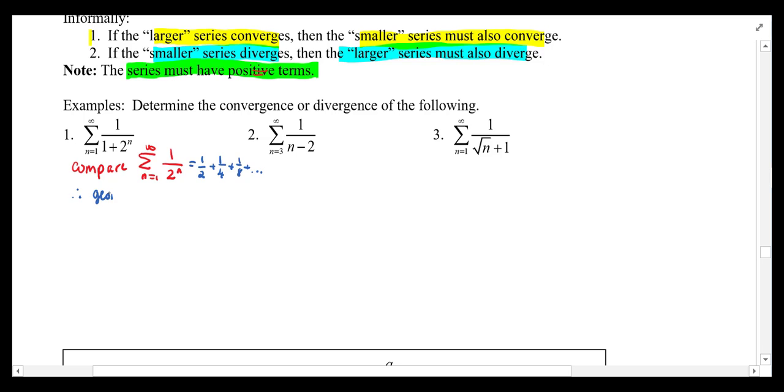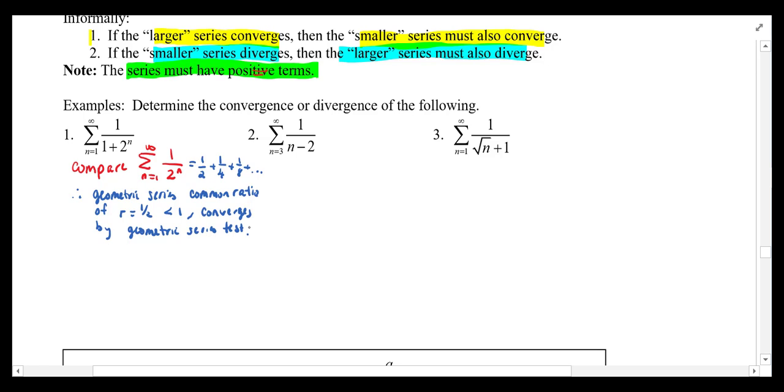Therefore, this is a geometric series, with common ratio r equals 1/2. And we know that if the absolute value of r is less than 1, then this series converges, by the geometric series test. Great. So we figured out this converges.